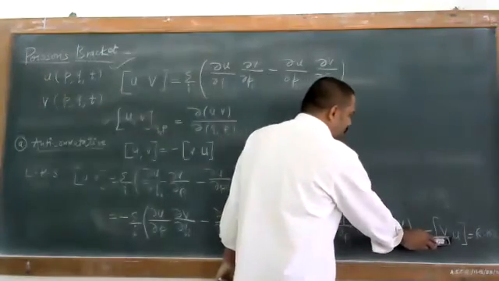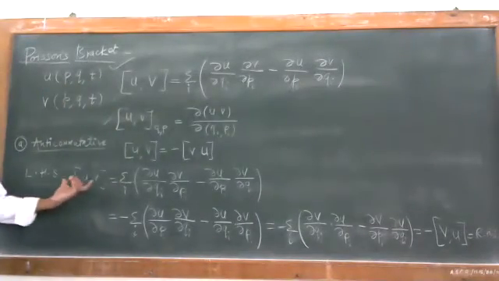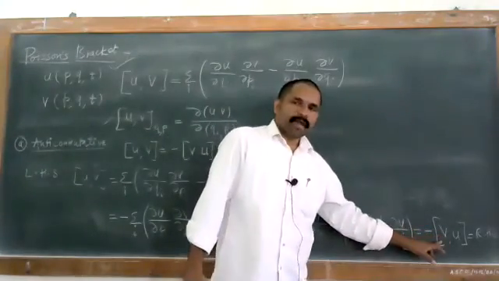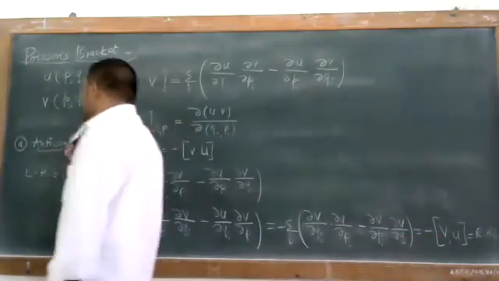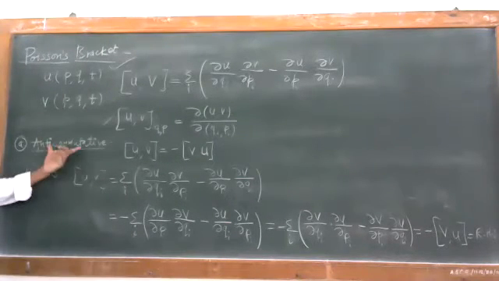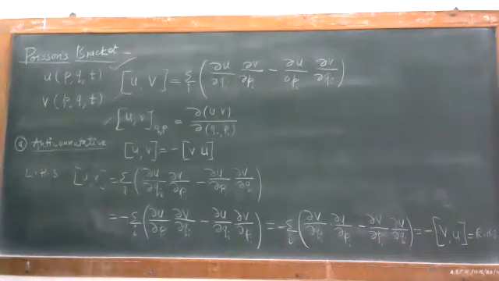सगळ्यांच्या लक्षात येते का पहा. So the condition is like this. The Poisson bracket of u, v is equal to minus the Poisson bracket of v, u, or you can just say that for any two dynamical variables the Poisson bracket is anti-commutative. सगळ्यांच्या लक्षात येते का पहा, हे परीक्षेला विचारलं जातं.